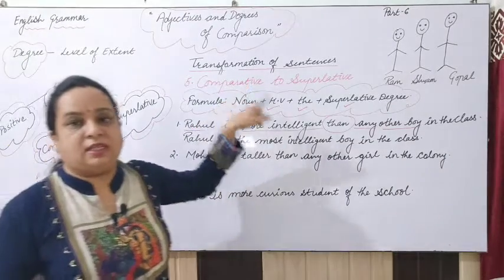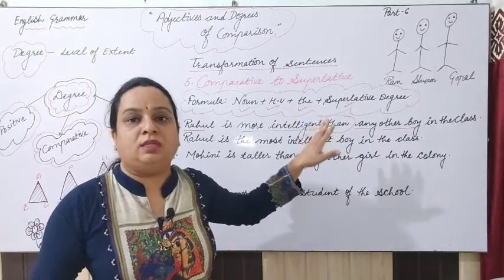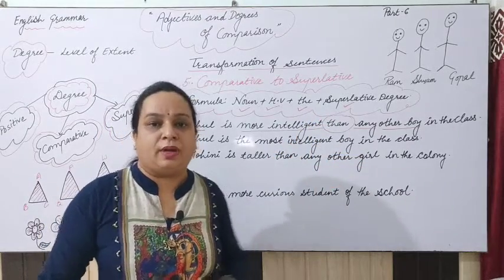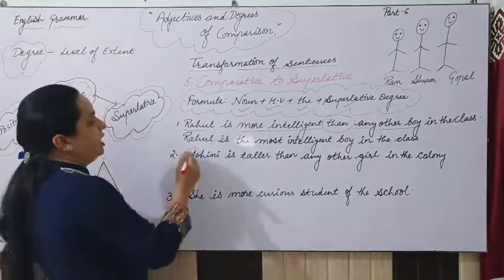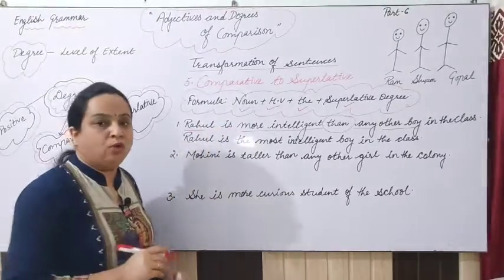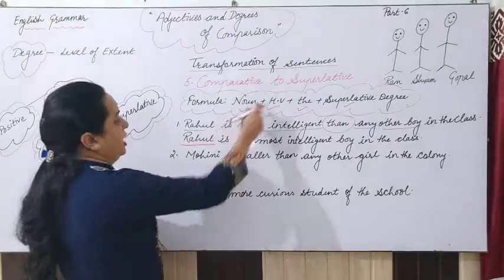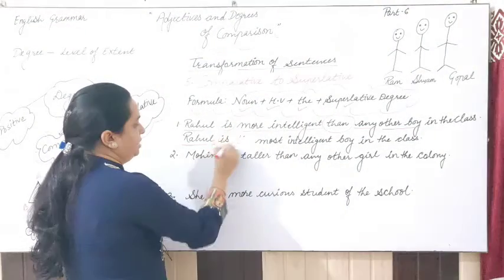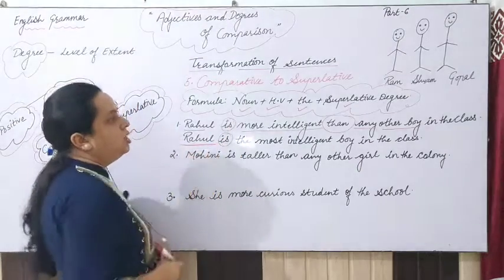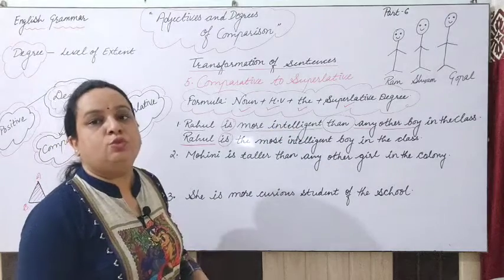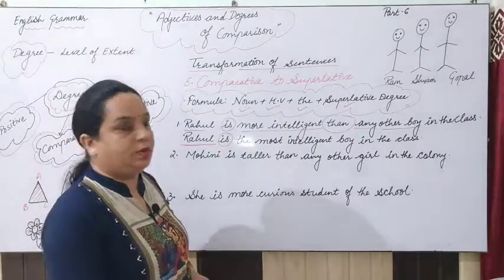So the formula is noun plus helping verb plus the and then superlative degree. Whom do we pick? Rahul here. So Rahul is the noun, right? Then the helping verb is is here, same as we have done here also. Then we have to write the plus superlative degree.